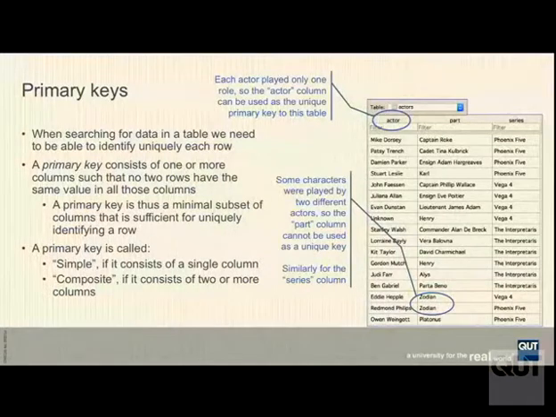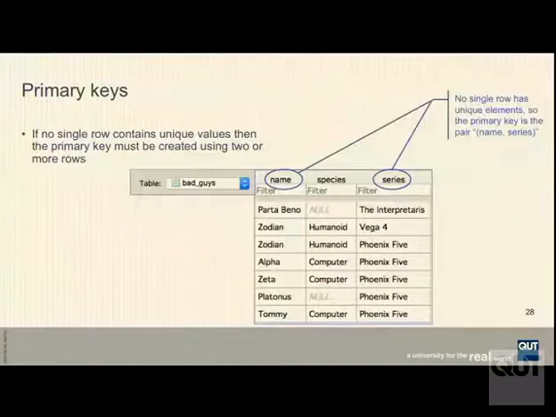So in this particular table, we can use the actor as the primary key to uniquely identify any row in the table. That's what you would normally hope. You've got what's called a simple primary key. If I need to find a row, I can just find a row in this table via the actor's name. But that's not always the case. Primary keys are sometimes a little bit more complicated because they may be a combination of columns.